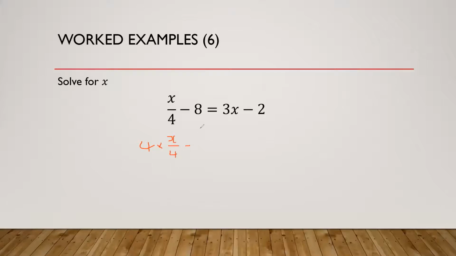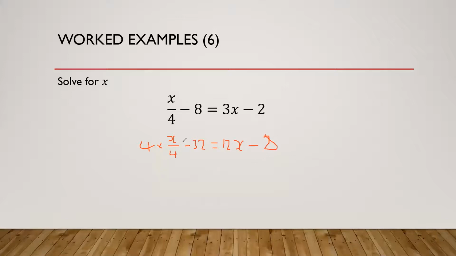We're multiplying this by 4, which is minus 32. I'll just write it down there. We multiply this by 4, which is 12x now. And we multiply this by 4, which is minus 8.